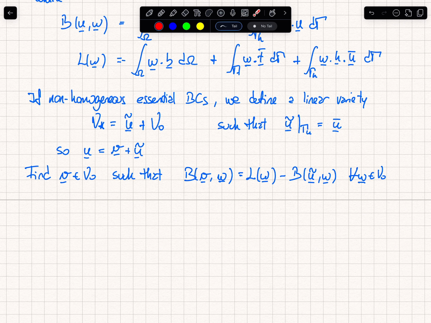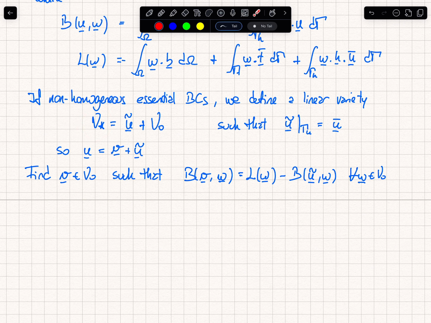That's why I said don't look at this expression as mathematically correct, but think about it as a translation of a space by a quantity that you know. You take every function in that space V naught and then you add something that you know, which is a function u tilde that satisfies your boundary conditions a priori, and that is a new function that is contained in this V star.